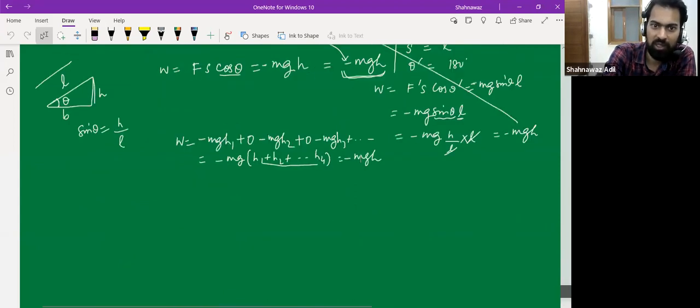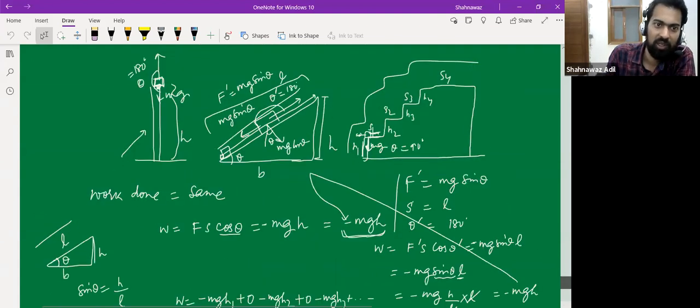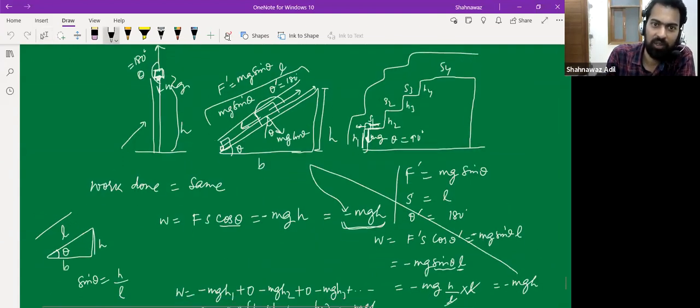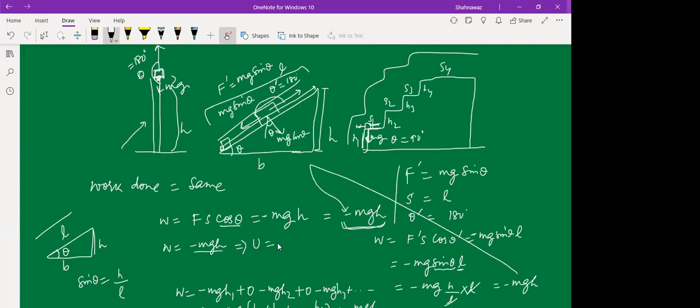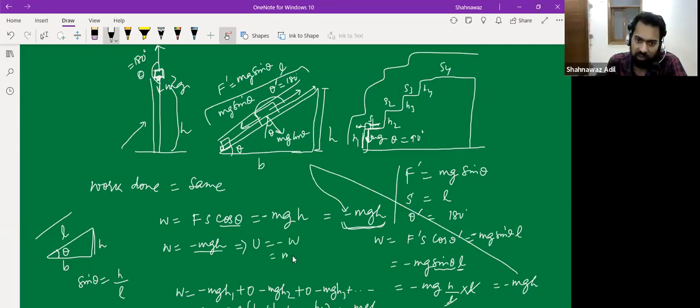So in this part, I calculated work done to be minus mgh if we were working against the gravitational force. Right, so work done was minus mgh. So then what would be the potential energy? It's actually delta U, which is mgh. So this will be minus of work done. So this will be mgh.